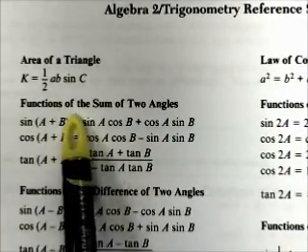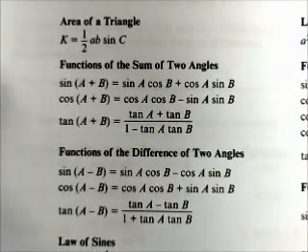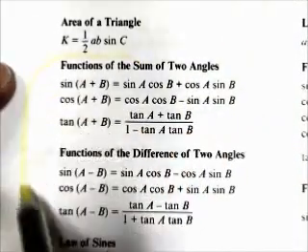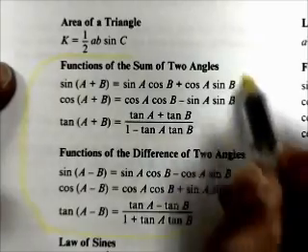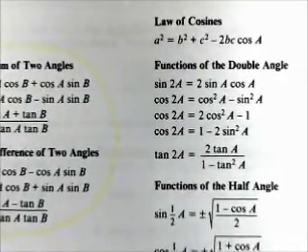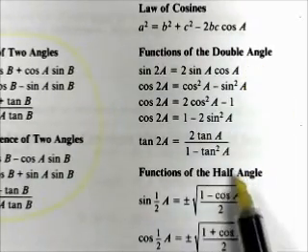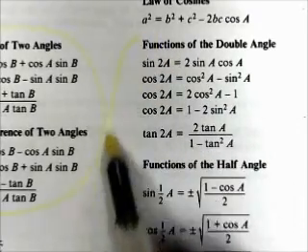Okay, so you can see on the reference sheet, we're going to be working with today, starting with the function of the sum of two angles and the function of the difference of two angles. So we're working with these two groups. And then later in this chapter, we'll be working with the function of a double angle and the function of a half angle.